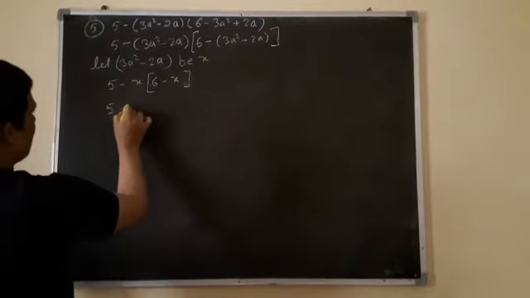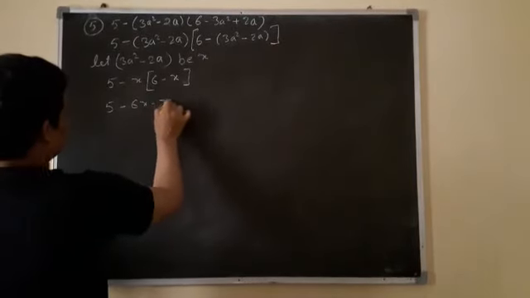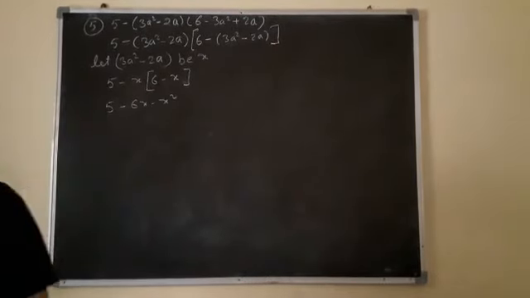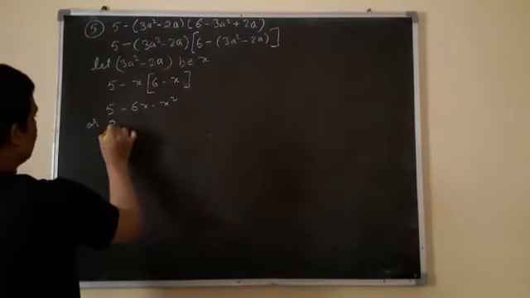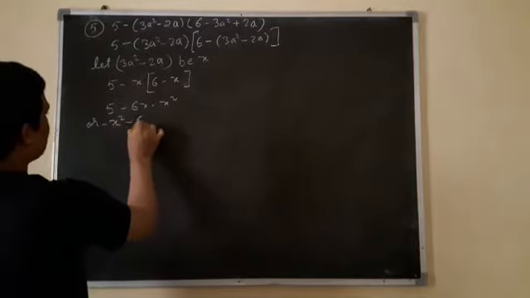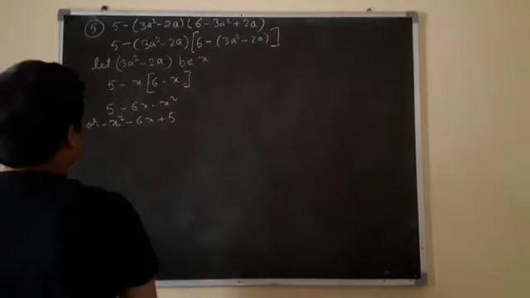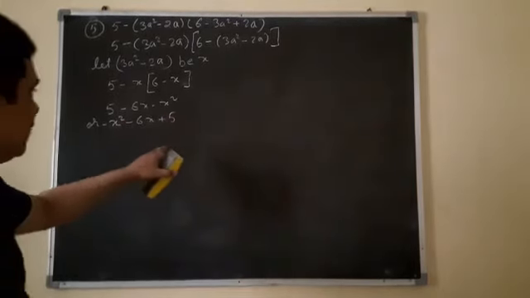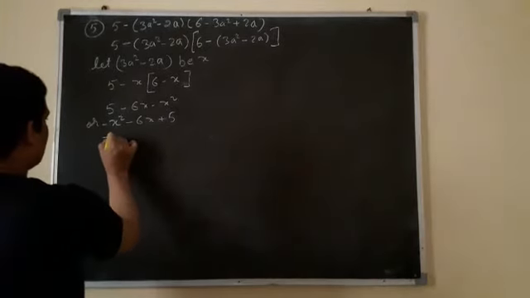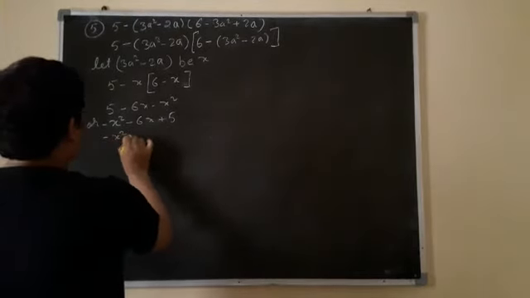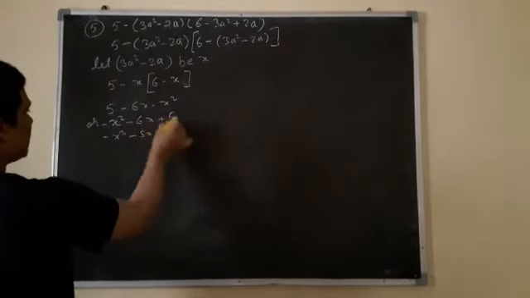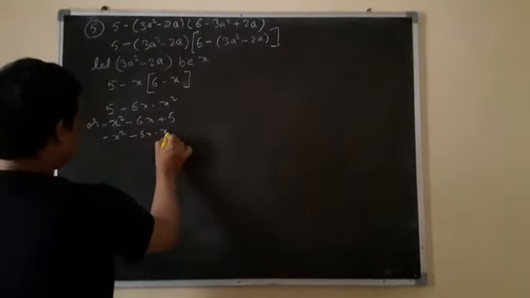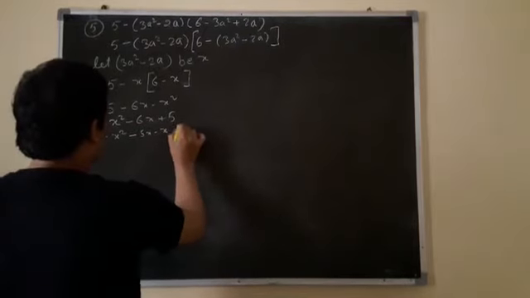So 5 minus 6x minus x square, or we can write minus x square minus 6x plus 5. Now by middle term splitting, let us see: minus x square minus 5x minus x, by multiplying it will be minus 5x square, and when we add both numbers it will be minus 6 plus 5.